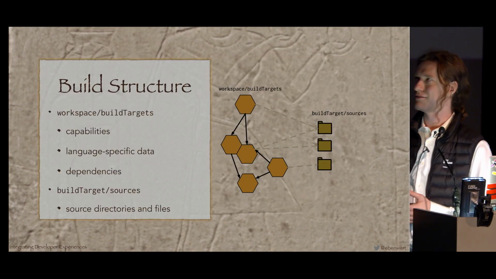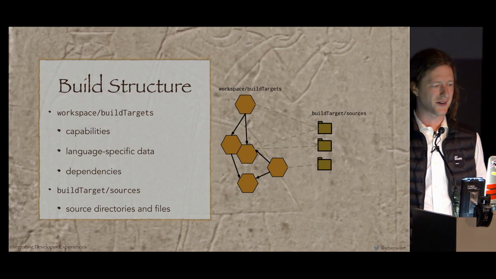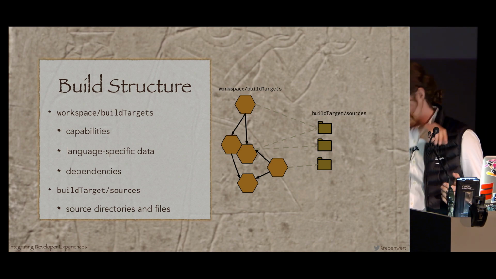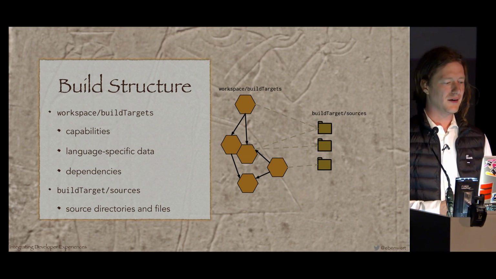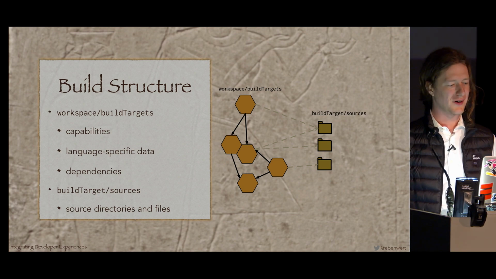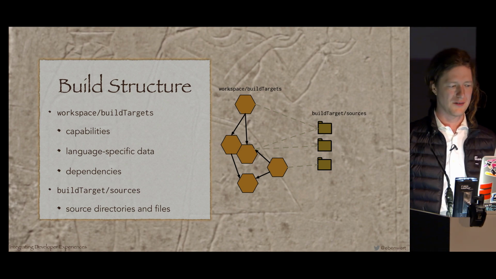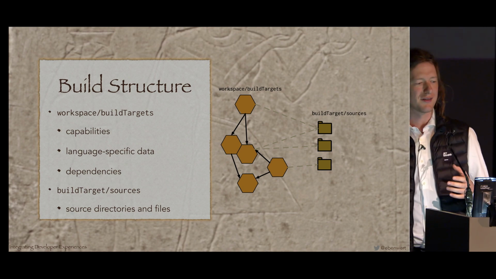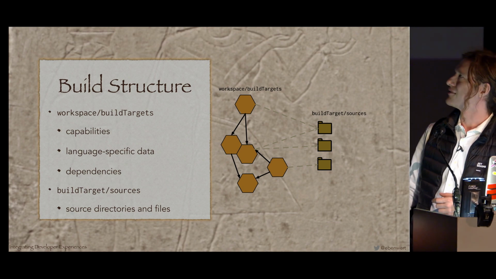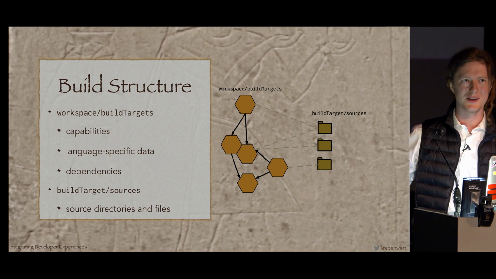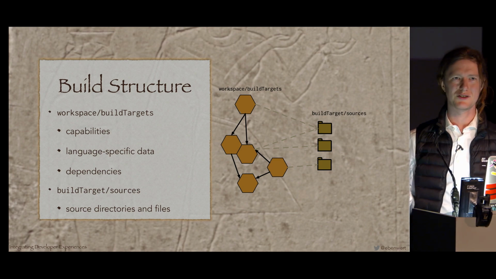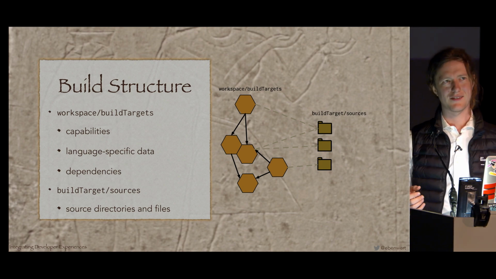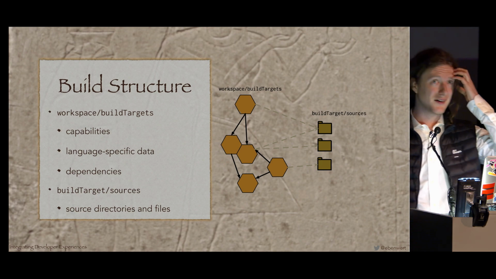Now I mentioned we have a concept of build targets. So the protocol defines some requests, namely workspace build targets, which gives you a list of targets. You see a target is a compilation unit which encompasses a bunch of sources and maybe some metadata like capabilities. Can you test this? Can you run this? Can you compile this?